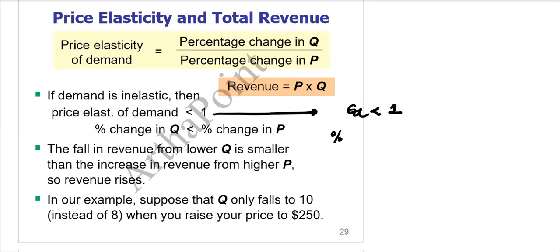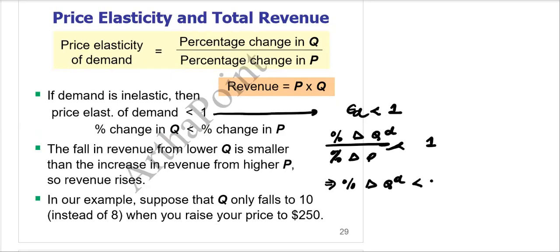Elasticity less than 1 means the percentage change in quantity demanded due to a percentage change in price is less than 1. This means the percentage change in quantity demanded is less than the percentage change in price. So suppose there is an increase in price, then due to the law of demand, quantity demanded will decrease, but this will be less, this will be more.